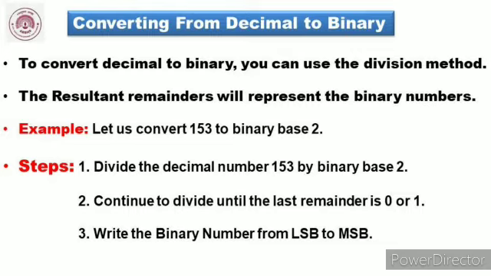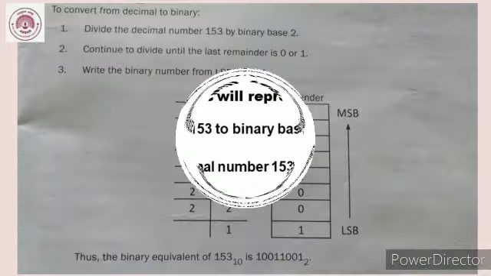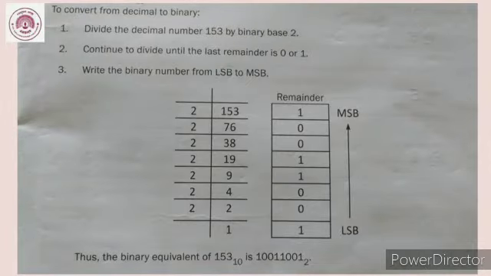Continue to divide until the last remainder is 0 or 1. Write the binary number from the least significant bit to the most significant bit, which means the arrow should go from down to upwards.